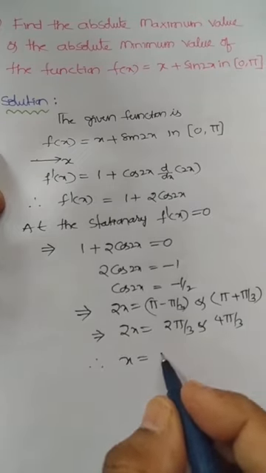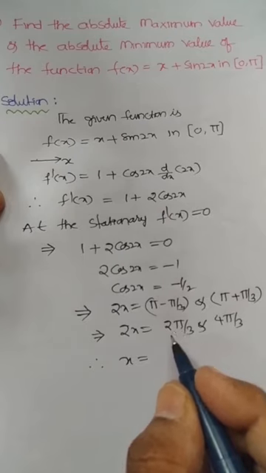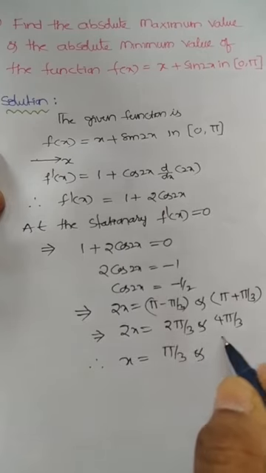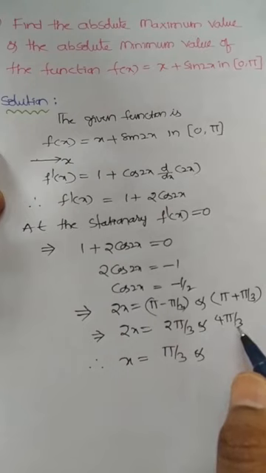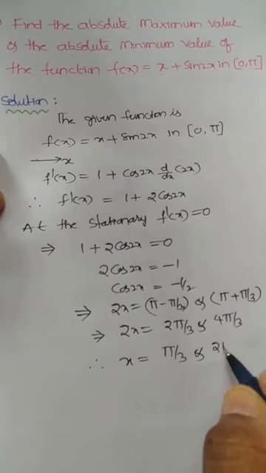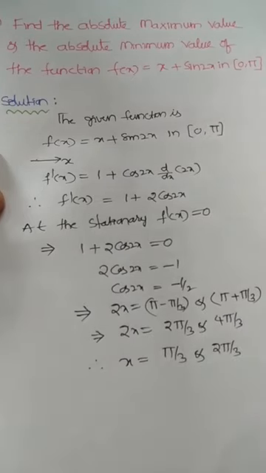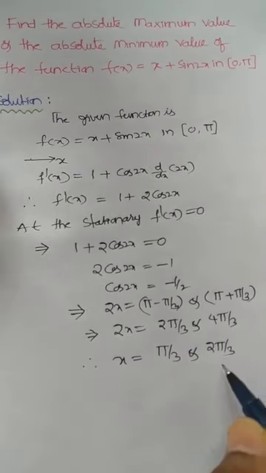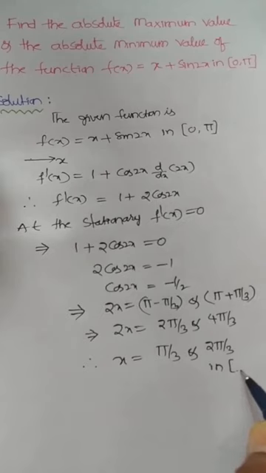For 2 pi by 3, the 2 gets cancelled, leaving only pi by 3, and 4 pi by 3 divided by 2 gives 2 pi by 3. Therefore the stationary values we got in the given domain 0 to pi are pi by 3 and 2 pi by 3.